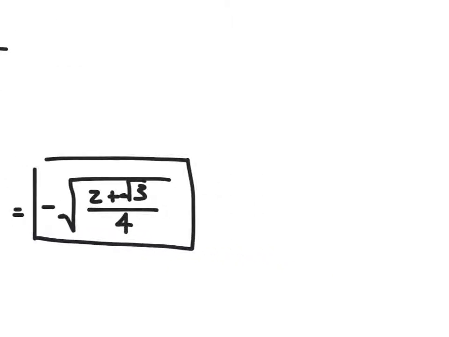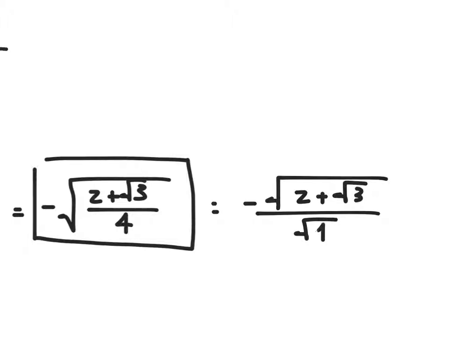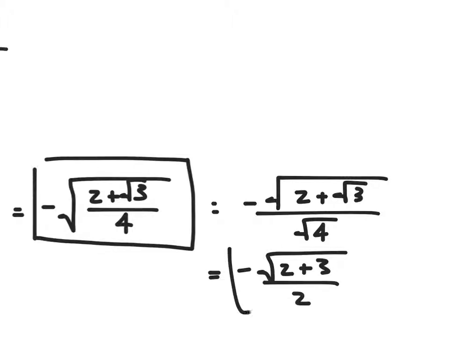You could sit there and go, all right, well let's do negative square root of 2 plus the square root of 3 all over the square root of 4. That you can evaluate, and that would give you negative square root of 2 plus 3 over 2. So this would work. This is a square root of 3 inside of there. And so since you have square roots inside of your square roots, you just got to leave it like that. Okay.